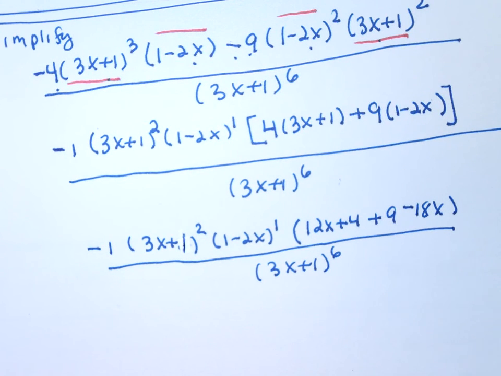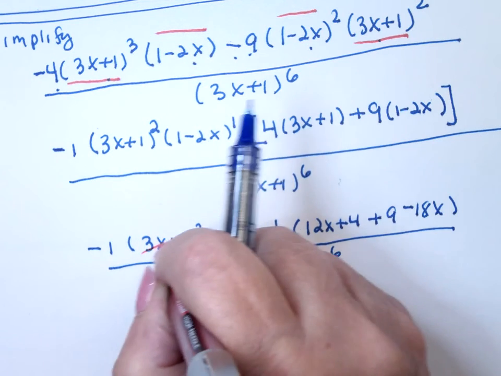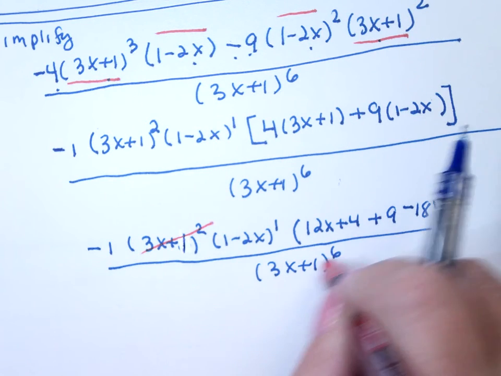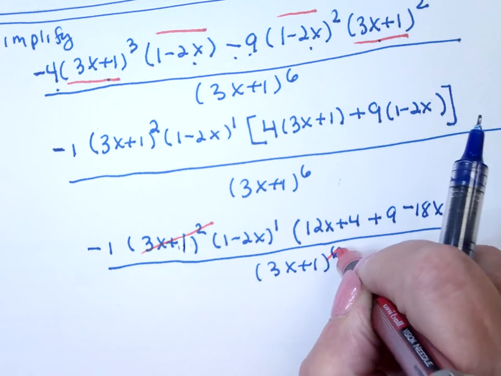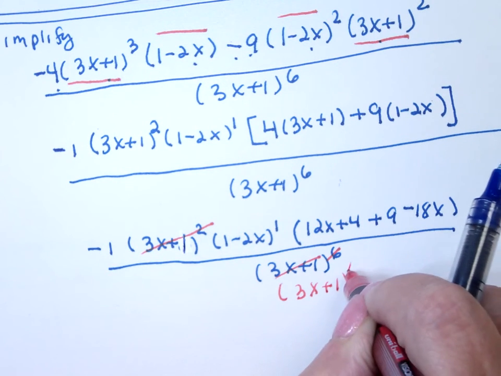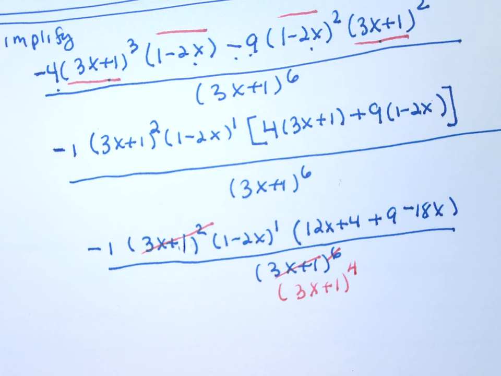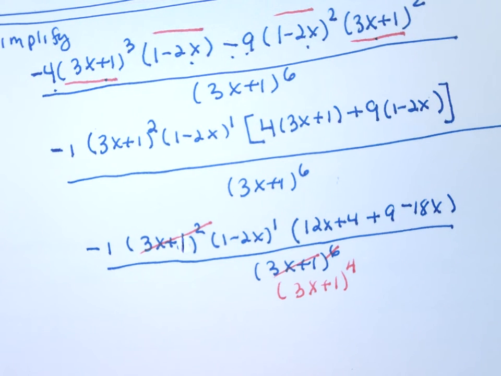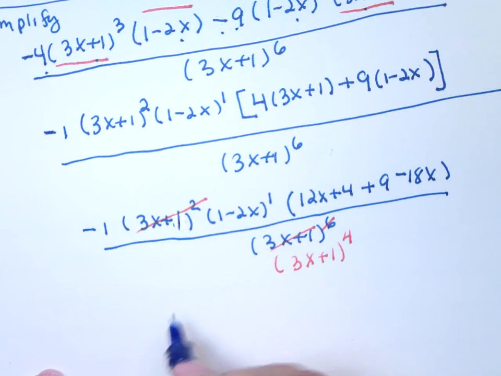Now what you notice is, here's a 3x plus 1 squared and a 3x plus 1 to the 6th. That's going to give me a 3x plus 1 to the 4th. That happens to be normal, by the way, that kind of thing happens when you're using quotient rule.